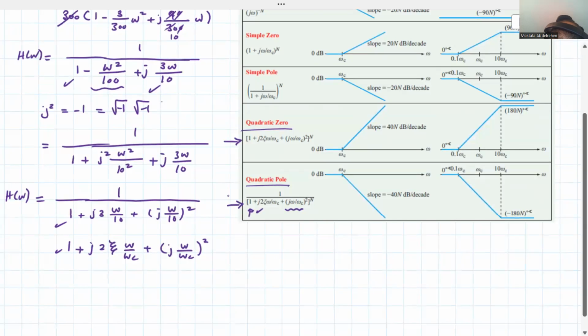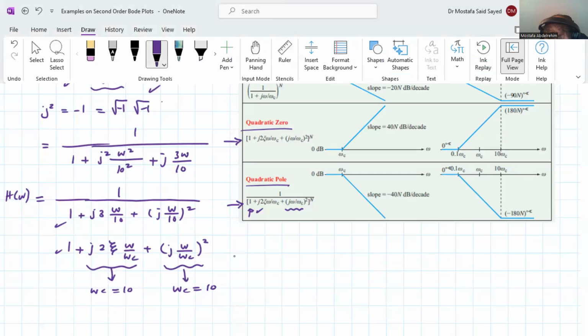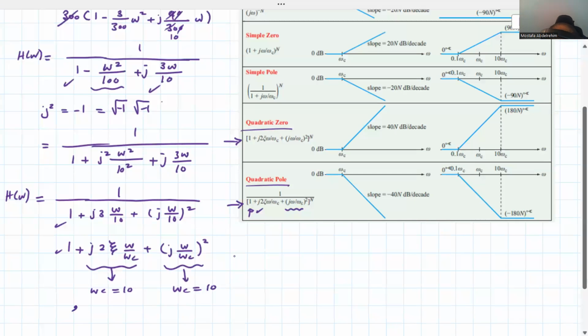This term means that omega c equals 10. The other term concludes the same, and they have to be the same, of course. And how about zeta? For zeta, it looks like 2 zeta is equal to 3, and from that, zeta is equal to 1.5.